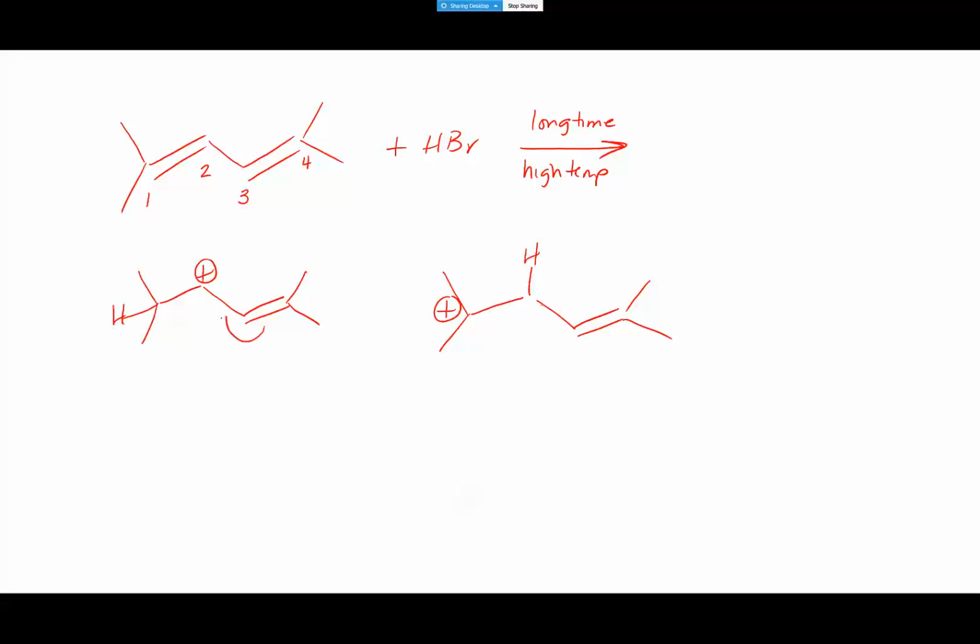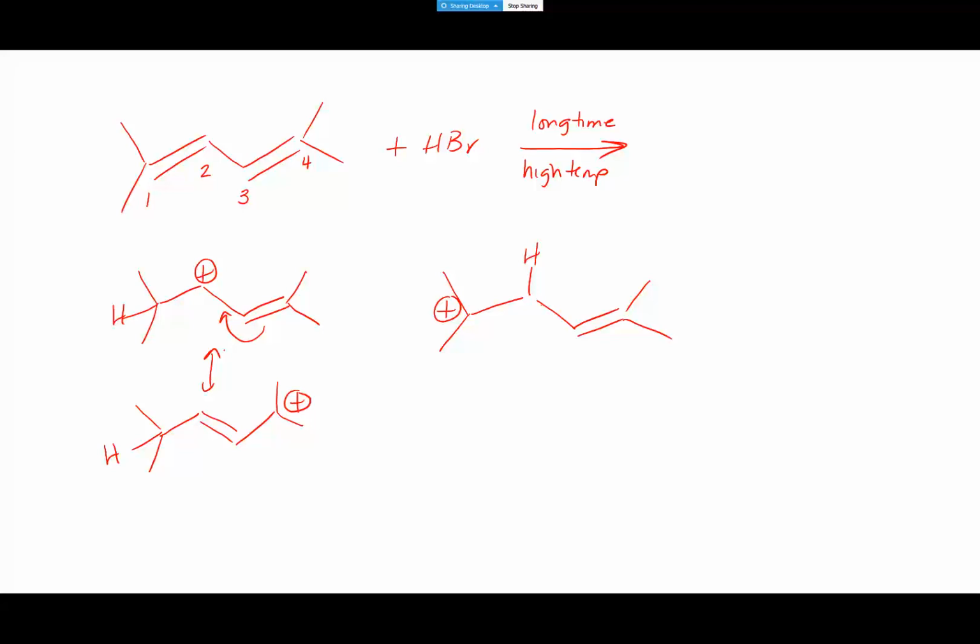Let's write the resonance structure of this. Oh, I thought I used that when we were adding the Br plus. Oh, I never used that? Okay, now I'm using it.